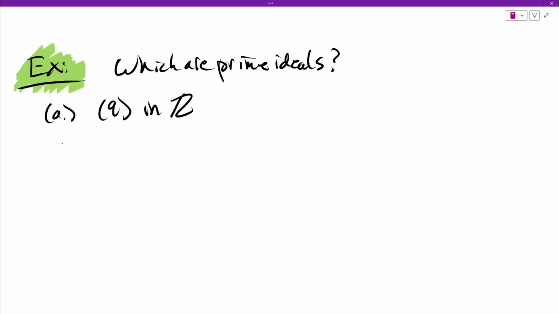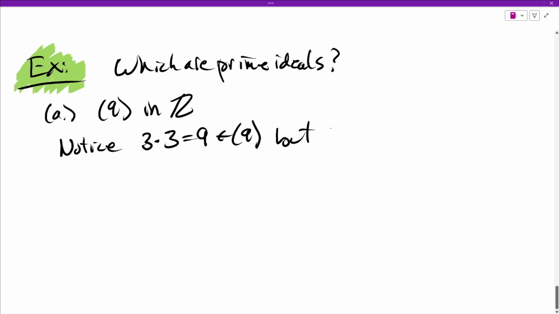So let's notice that 3 times 3 is 9, which is in the ideal generated by 9. And let's also notice that neither 3 is a multiple of 9. So neither of those is in the ideal generated by 9. So we have a product being in our ideal, but neither of the elements in the product are in the ideal.